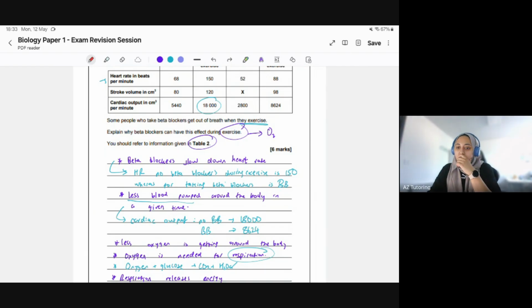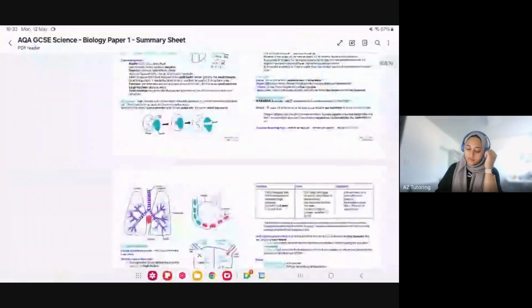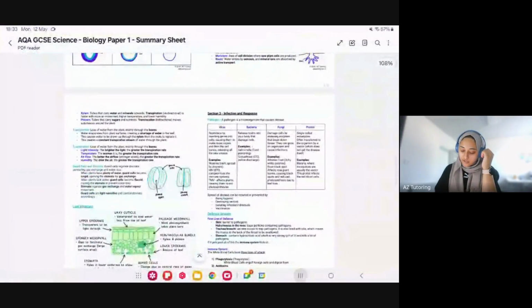Not confident for transpiration and translocation. That's a topic that keeps coming up. Transpiration, if I just come on here, it's the first few points I mentioned right in the beginning.